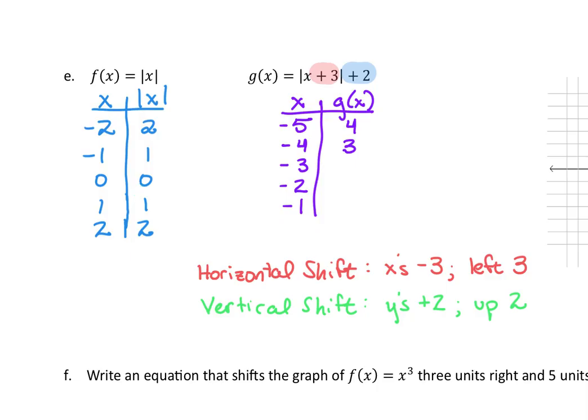0 plus 2 is 2. And we have 1 plus 2 is going to be 3. And finally, 2 plus 2 gives me 4.